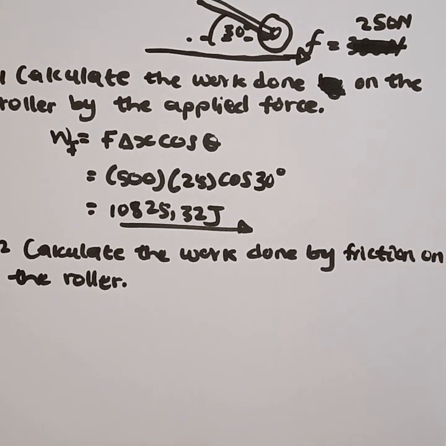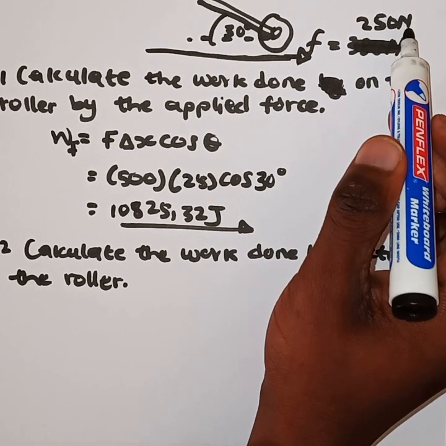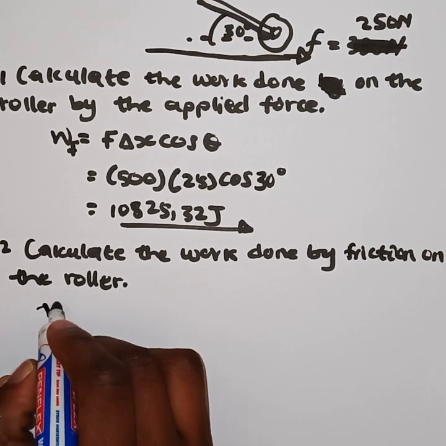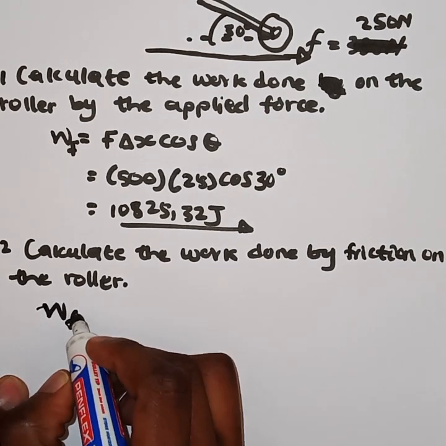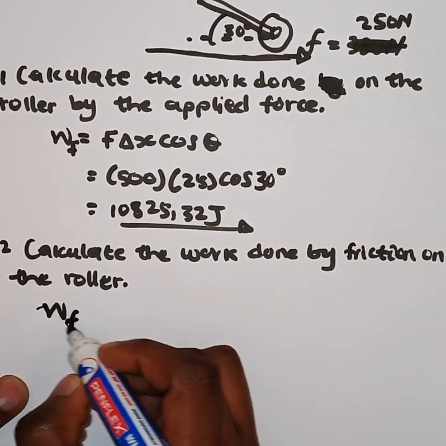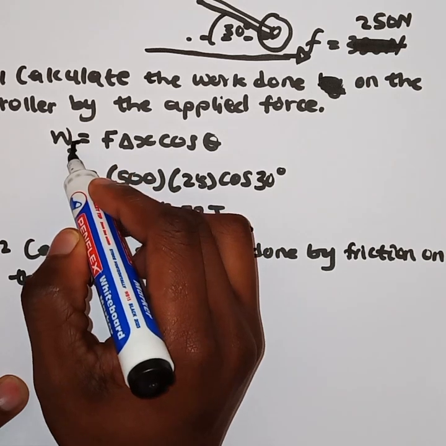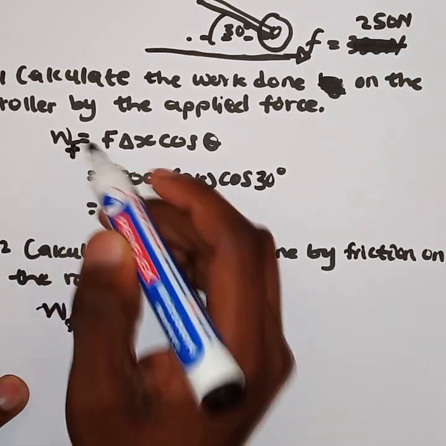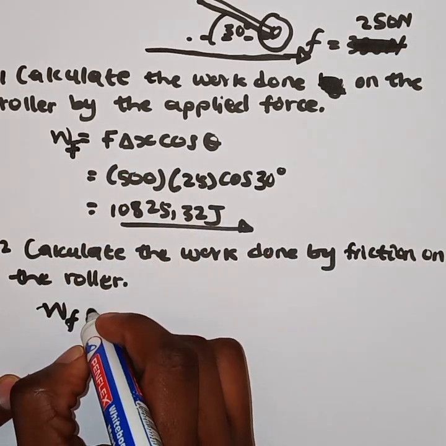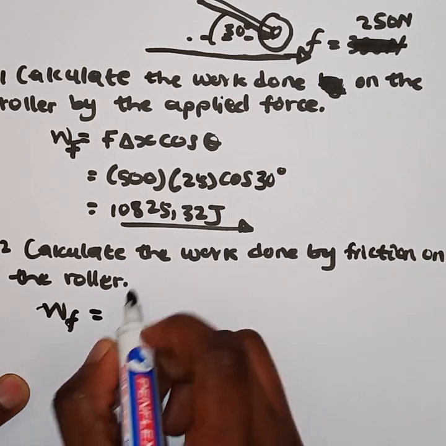Do we have the magnitude of the frictional force? Yes, it's 250. It's the one we are given. There's a difference between this one and that one: that's a capital letter F, and this one is a small letter f that represents friction.